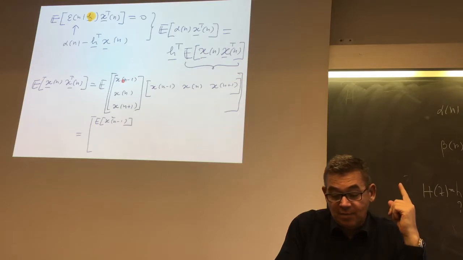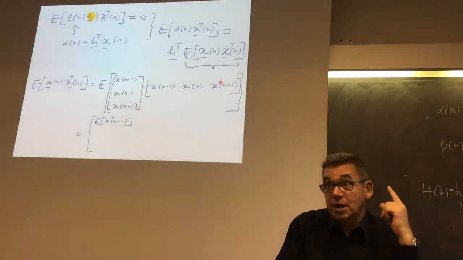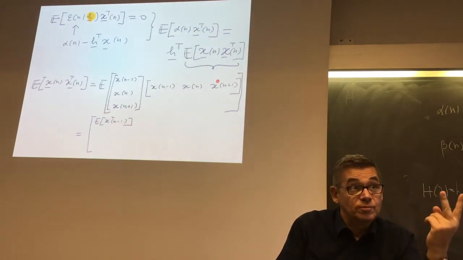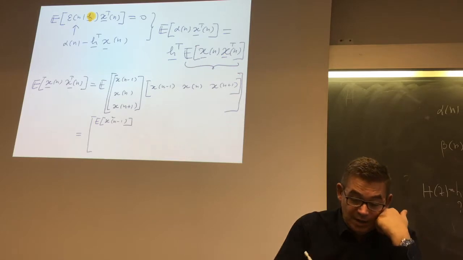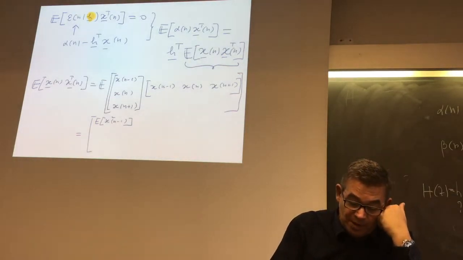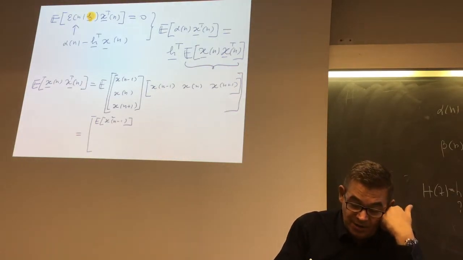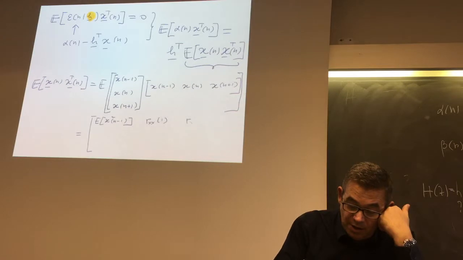What is xn minus 1 with xn plus 1? That is the autocorrelation calculated in lag 2. So I simplify: this is rxx calculated in 1, here is rxx calculated in 2.